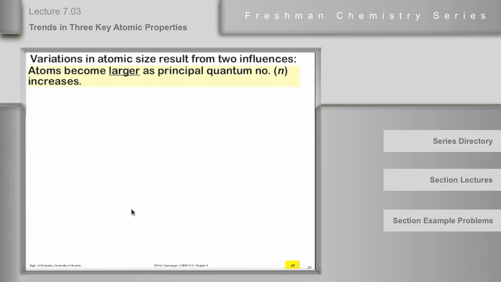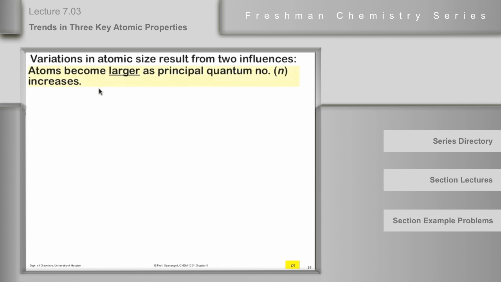Now, variations in atomic size, and there's a table of these in your textbook, can be thought of as involving mainly 2 factors. One of them is that as the outermost electron occupies orbitals of larger and larger principal quantum number, other things being equal, the atoms will be larger because the quantum number dictates larger orbitals.